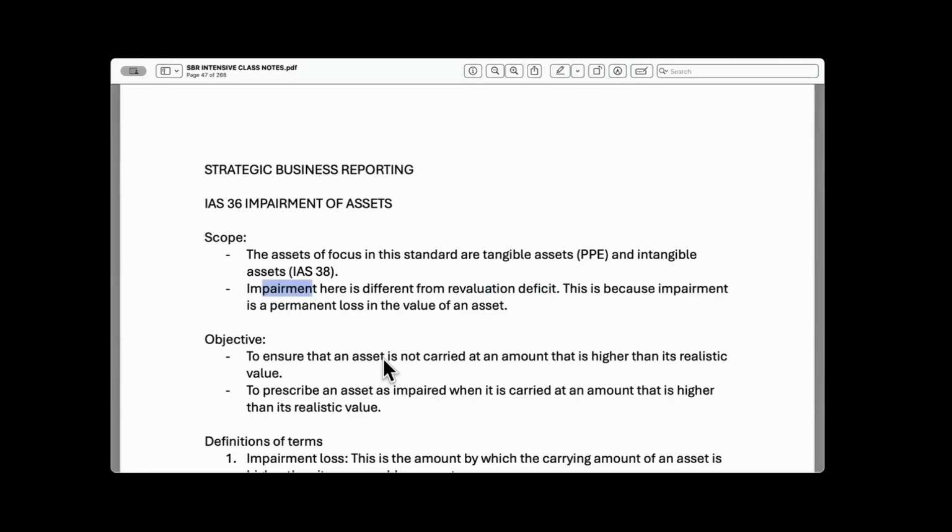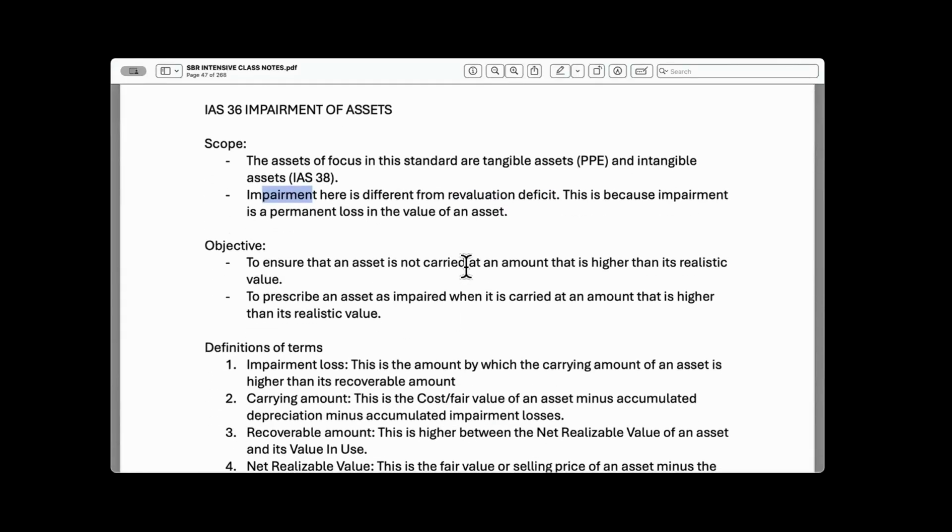So IAS 36 typically wants to ensure that an asset is not carried at more than its realistic value. You should never carry an asset at more than its realistic value, because whenever the carrying amount of an asset is higher than its realistic value, we will say the asset is impaired.